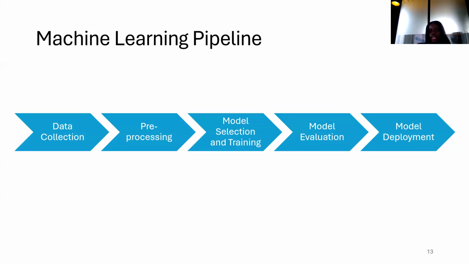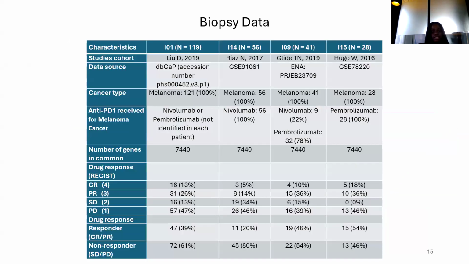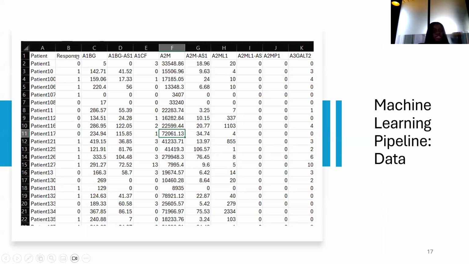So going on. Okay, so on to the machine learning aspect of this. My machine learning pipelines are made with something called supervised machine learning. The difference between supervised and unsupervised is that with my data, I will know the patient response.